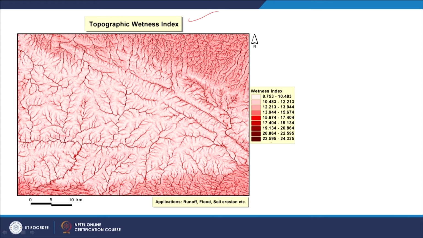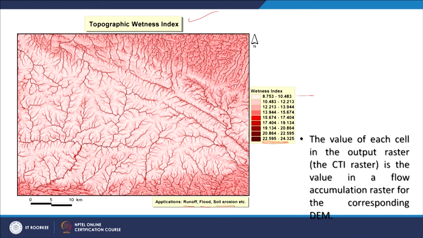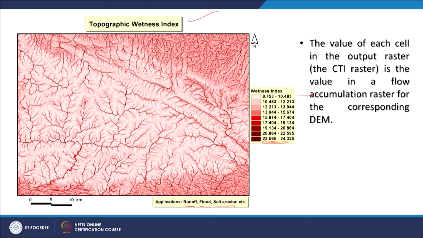As you can see, in the darker areas, the main higher order streams, the wetness is naturally much higher. And there are areas where the values are very low, shown here in light pink color. Application areas of the topographic wetness index are runoff, flood, erosion, etc. When you calculate this index, the value of each cell in the output raster of the topographic wetness index is the value in a flow accumulation raster for the corresponding DEM.